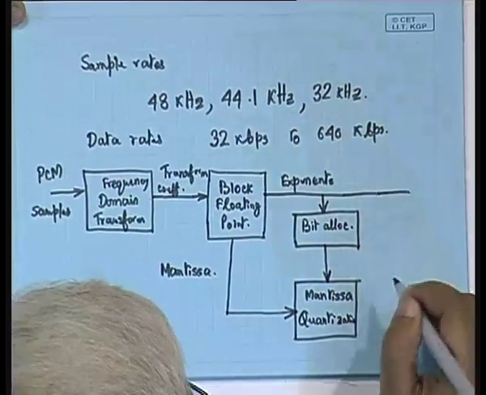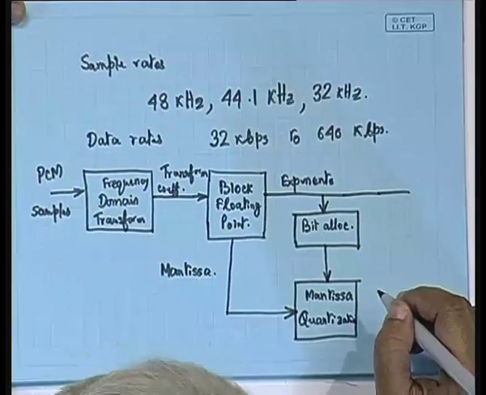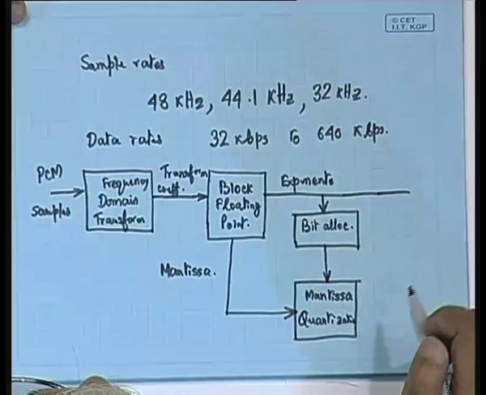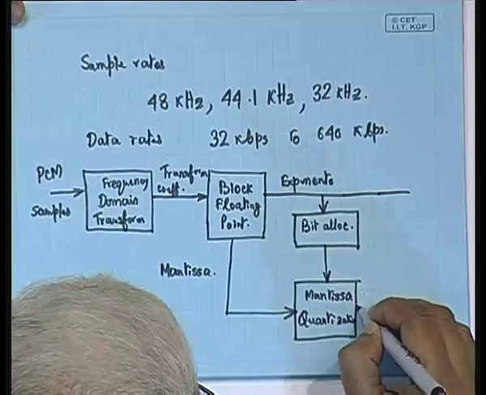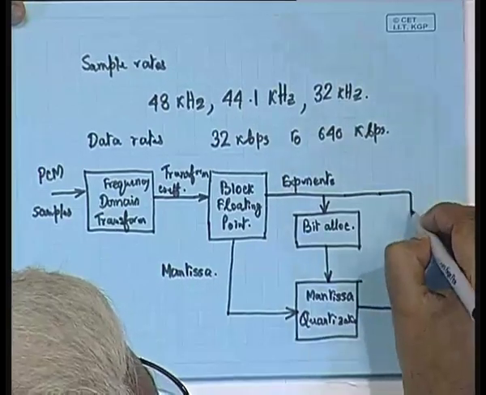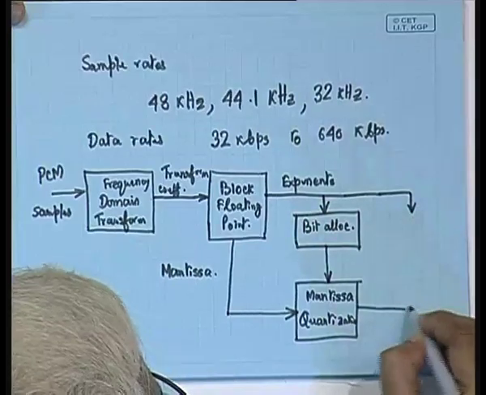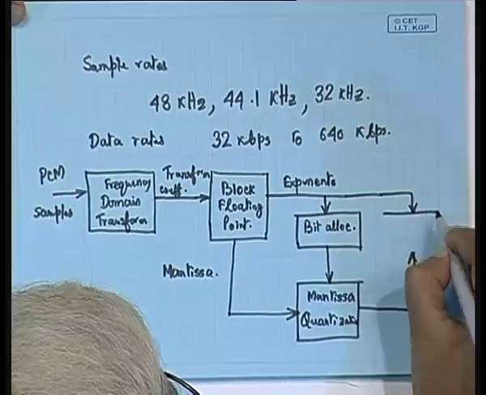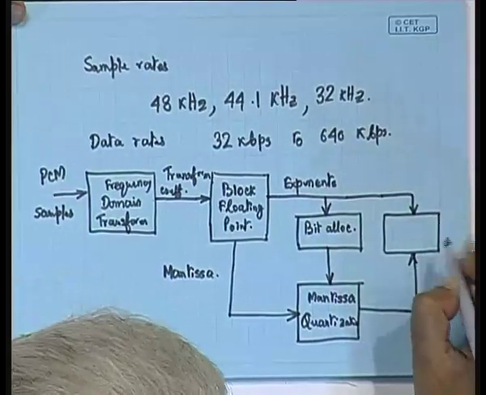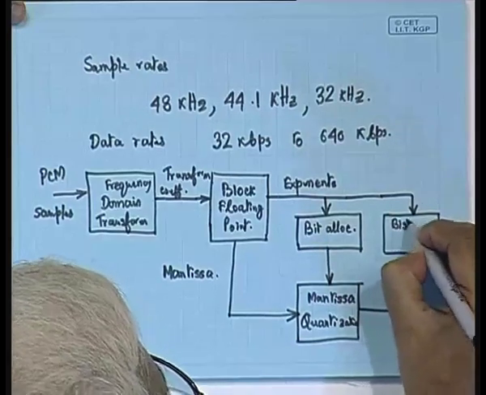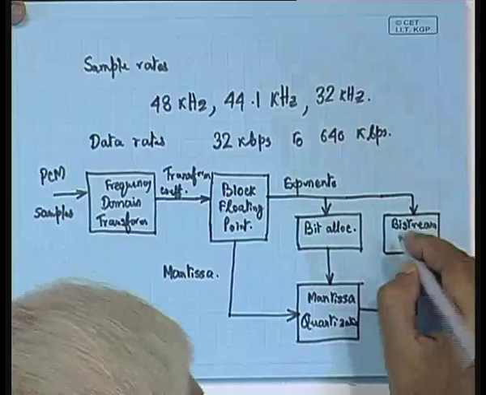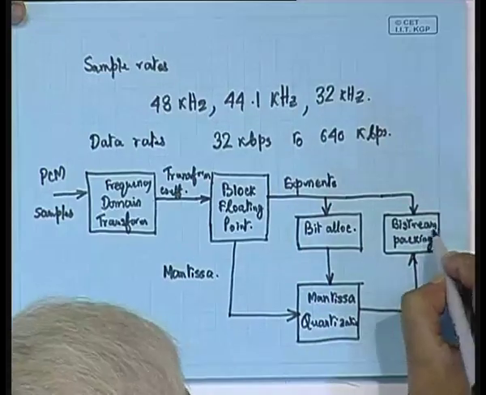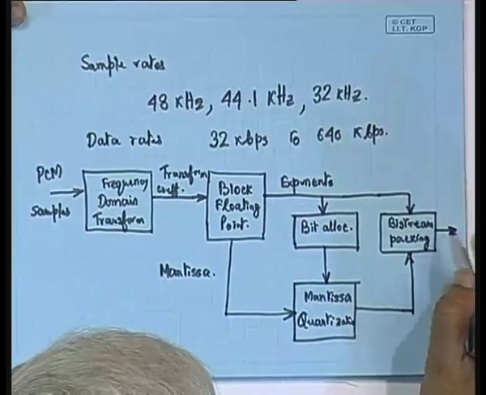Now, this exponent as well as mantissa, along with the bit allocation information, should go into the encoded bit stream. Am I right? Because all three are important. We not only need the exponent, but we also need the quantized mantissa. So, there should be a block which we call the bit stream packing. And then we have the encoded audio output.